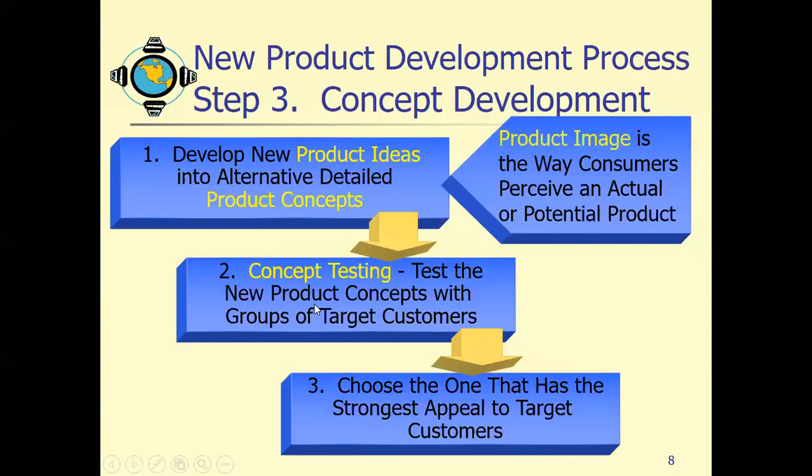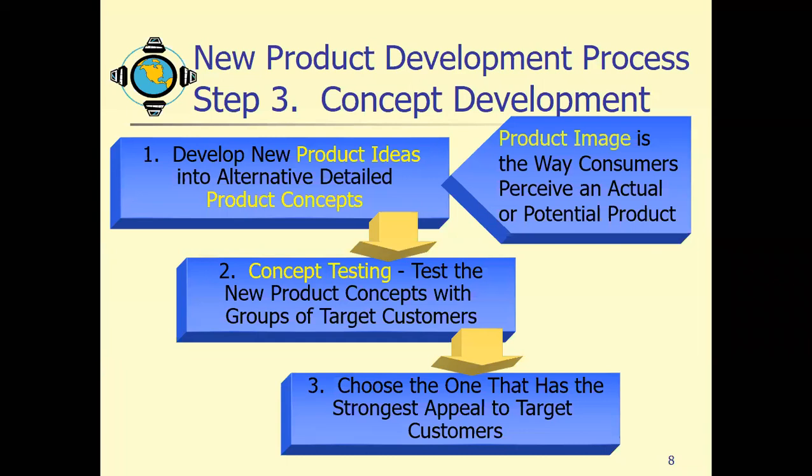If you sketch or state all these things, then this is called a detailed concept. Then you have to go for concept testing. Test the new product concepts with a group of target customers. You can invite your target customers, to whom you are planning to sell your product, to see how the concept is and to make comments.